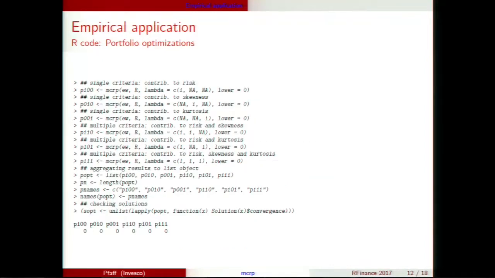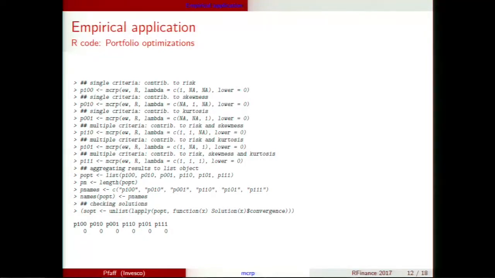So next comes the code, which is just doing the optimization with respect to those 6 portfolios. In the second line from the top, you call that core function mcrp. We initialize with an equal weight allocation.